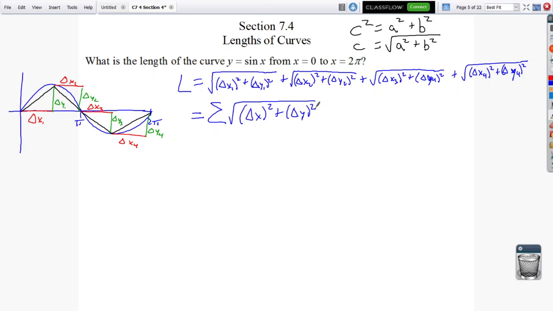Now I'm going to try to modify this expression to make it more evaluatable. Because ultimately, we know that we want to have infinite tiny little segments here. And when we make infinite tiny little segments, this is going to become our integral symbol. Well, in order to have an integral symbol, we also have to close out with a differential.